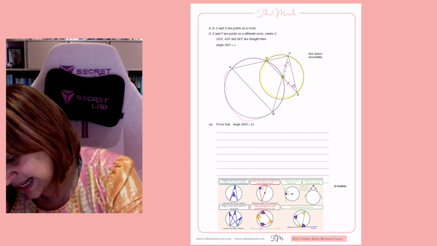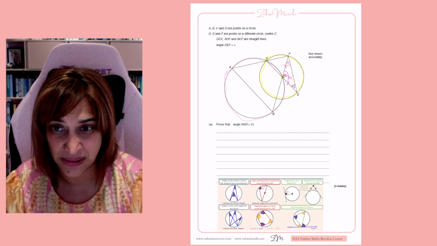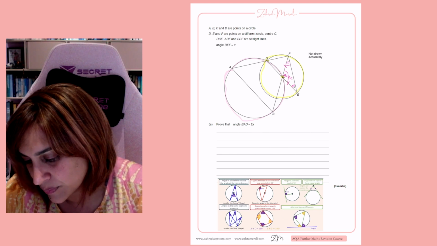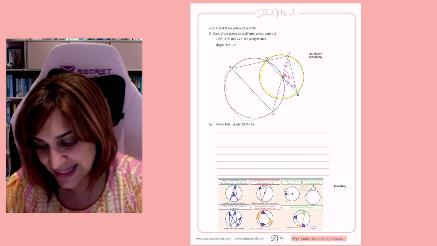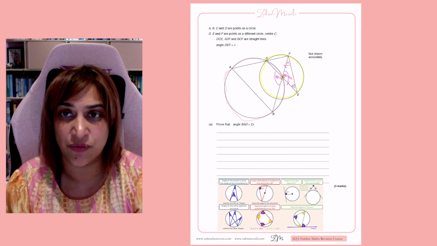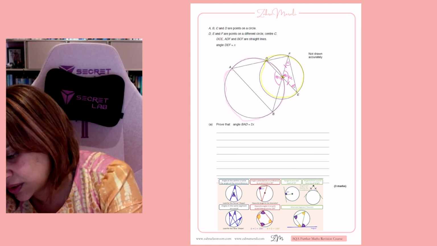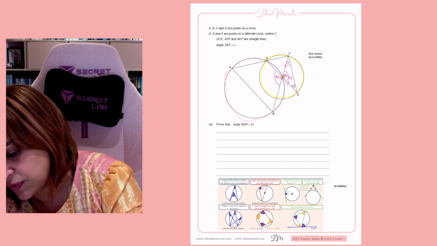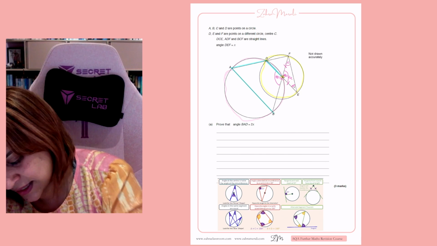So that tells me that's going to be 180 minus 2x, because angles in a triangle add up to 180. We then also know that if that's the case, this is a vertically opposite angle, that's going to be 180 minus 2x as well. Now, if you have a look, we've got a four-sided shape within a circle.